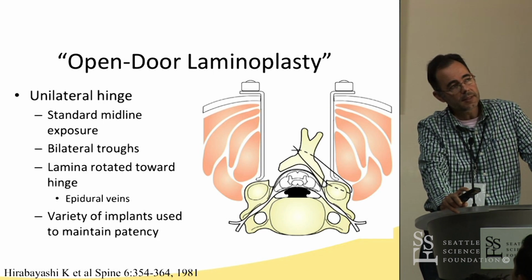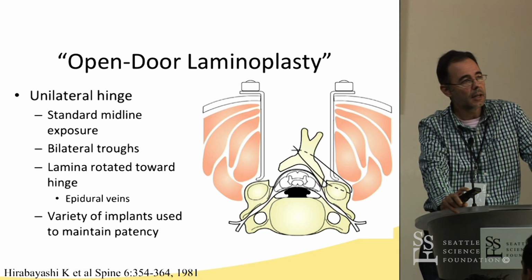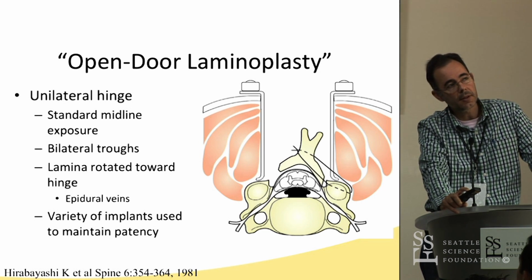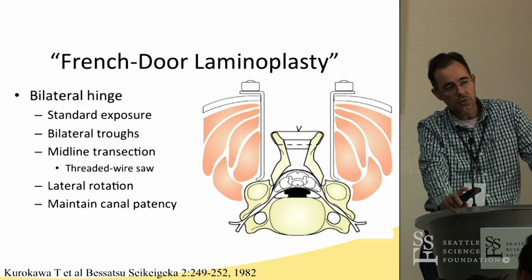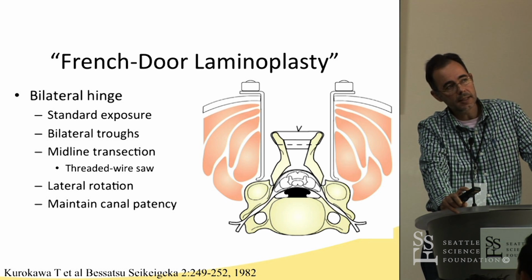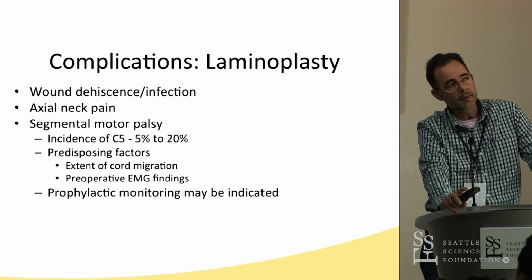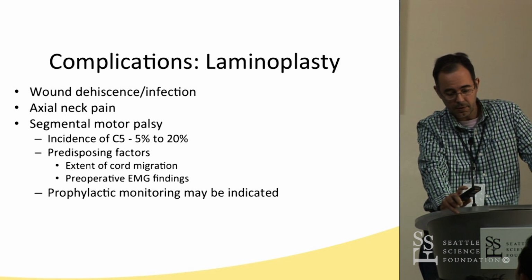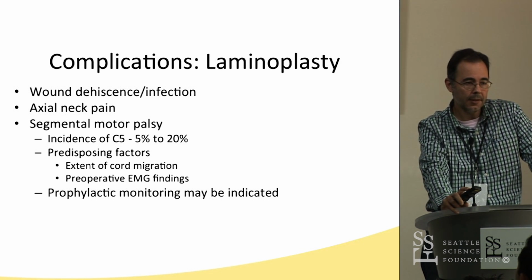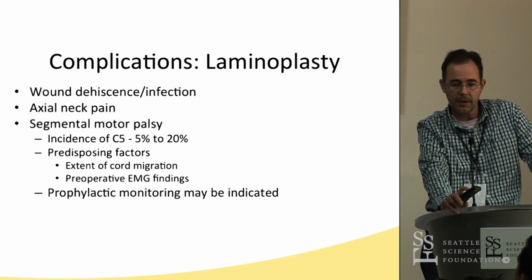So these are the different techniques: unilateral hinge, which is probably the most popular. You can do a bilateral French door laminoplasty with a midline decompression, but there's a variety of things, and we could look at that in the lab as far as techniques once we're done with the instrumentation.